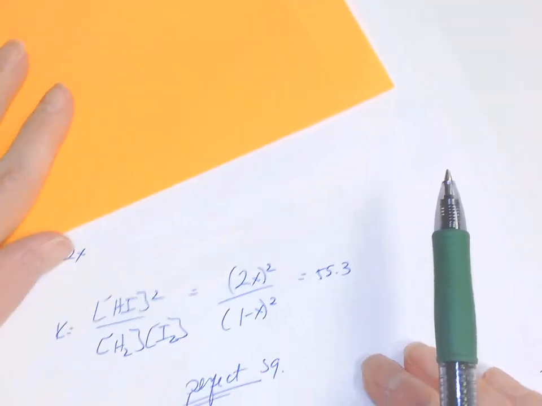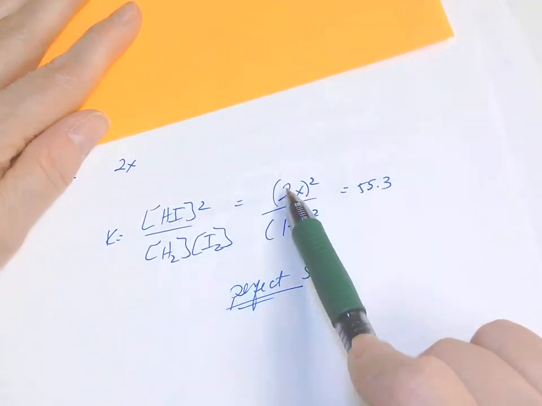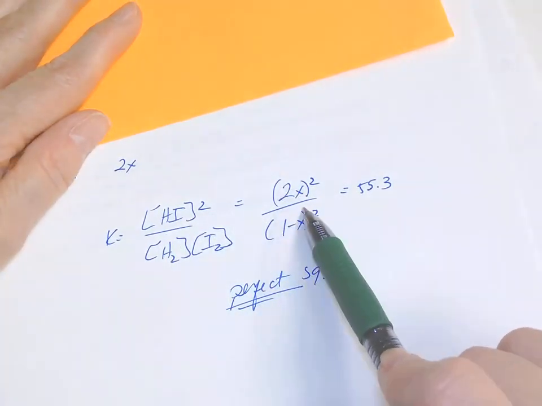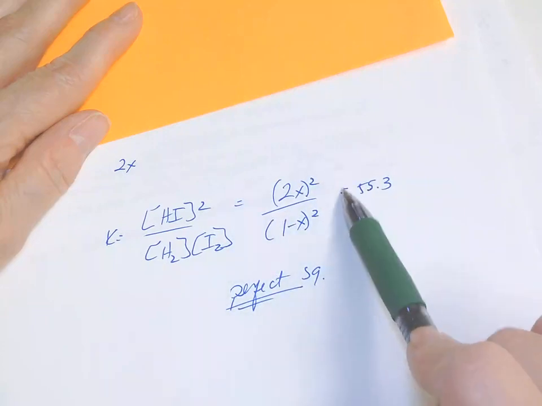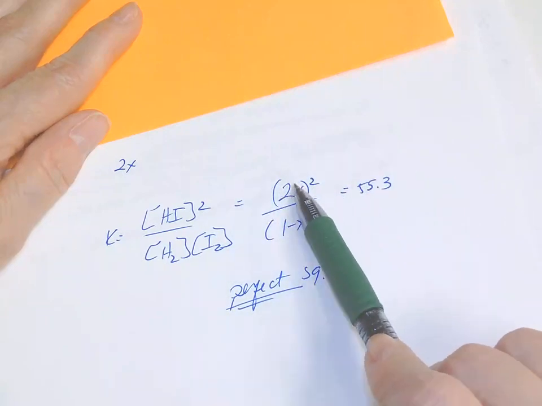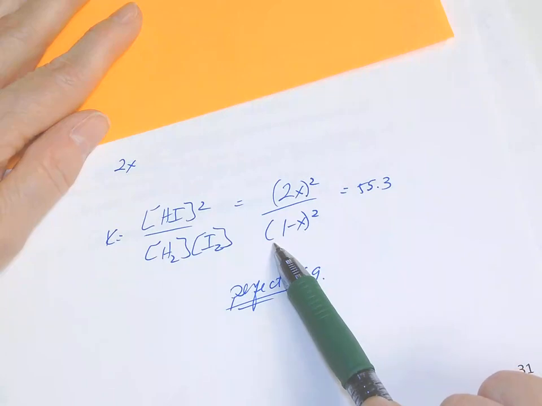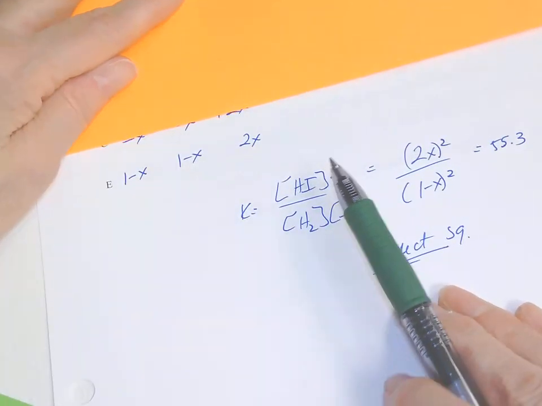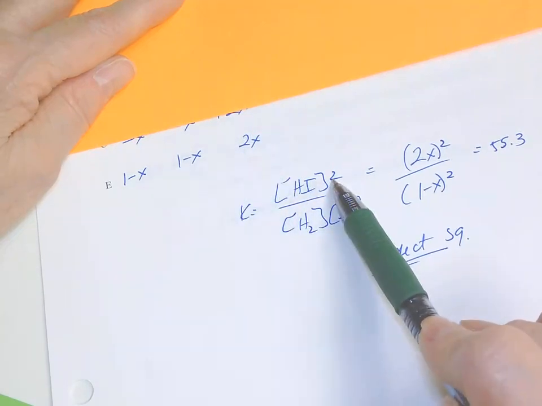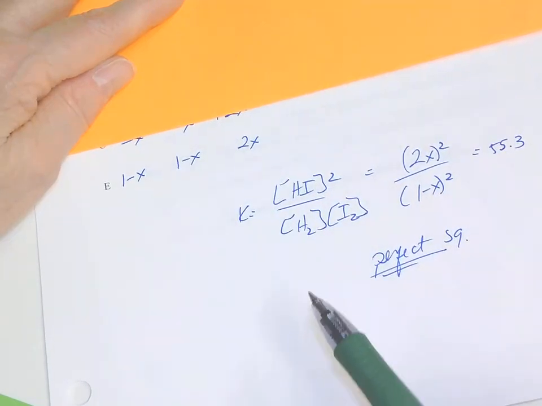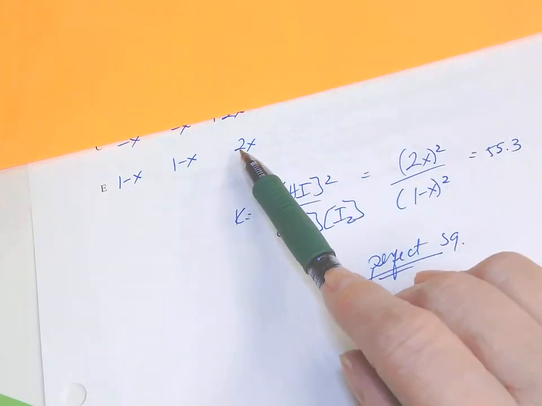If you put them into the equilibrium expression, you have 2x squared over 1 minus x squared equals 55.3. If you take the square root of both sides, you will have a very simplified algebraic expression that will allow you to solve for x, which you can come back and put in here, and then put back into your expression and solve for the concentrations at equilibrium.